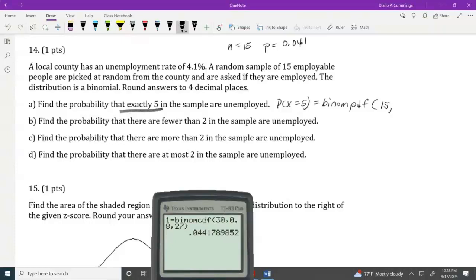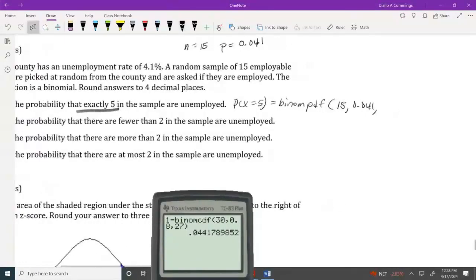So remember, it's 4.1%. When you change that percent to a decimal, you drop the percent symbol and you move the decimal 2 places to the left. So you should get 0.041. And the number of successes is 5.